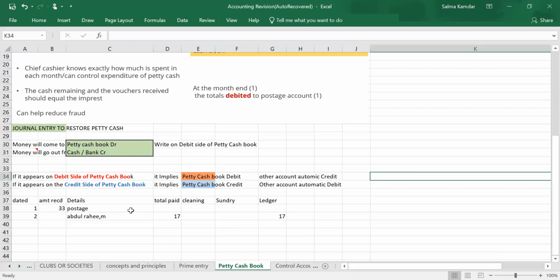So when I'm completing the double entry for this one, I will say postage credit. And when I'm completing the double entry for this one, petty cash book is credit, so which account debit? Abdul Rahim debit. Are you with me? Everyone for sure? Okay, fine.